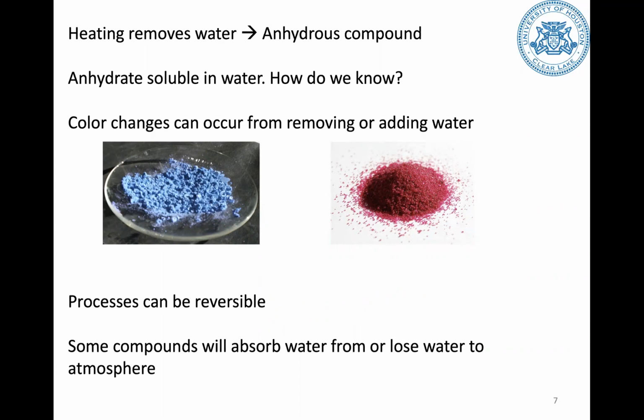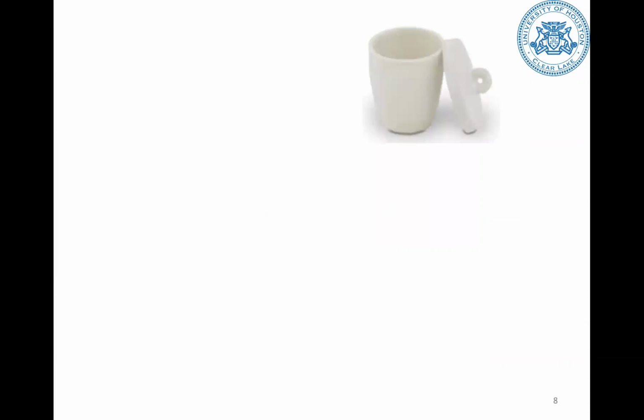Some compounds will absorb water from, or lose water to, the atmosphere, as we showed earlier with sodium compounds. In our experiment, before you do anything, make sure this one is dry. Then you will weigh a certain amount.